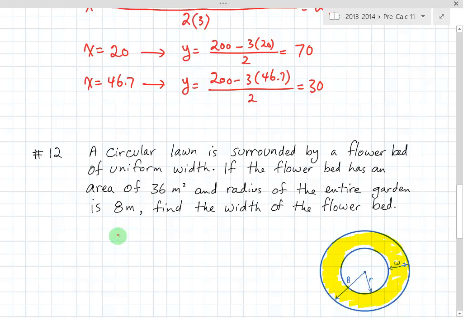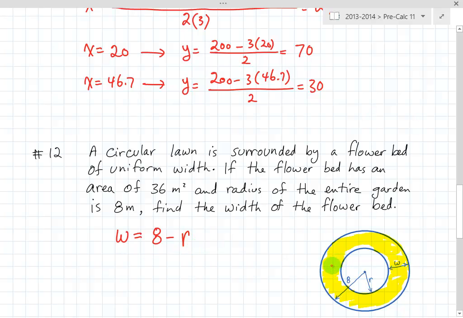You go, okay, this width is equal to the longer radius, which is 8, minus the shorter radius, which is r. So that's what we want to find. We want to find w, right? But to find w, we have another problem. We need to know what r is, the radius of the smaller circle.